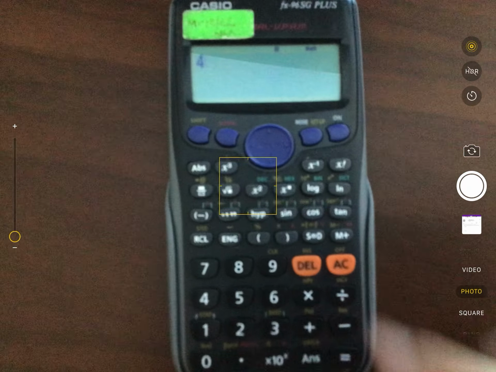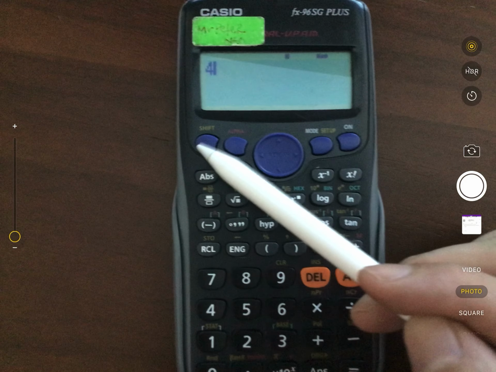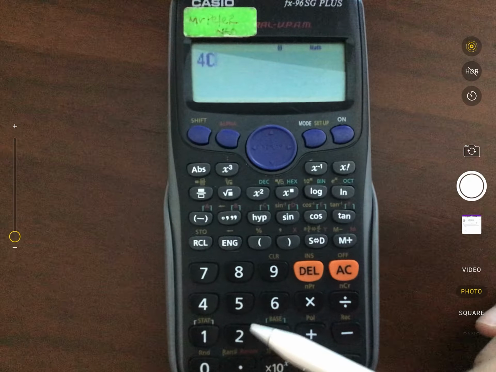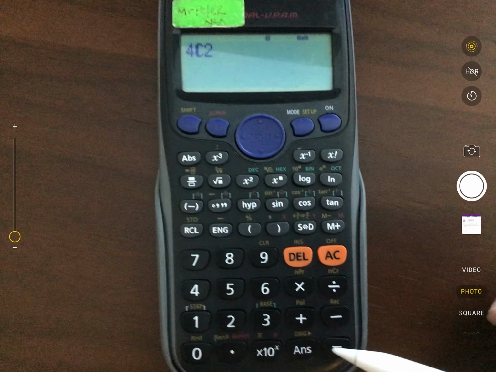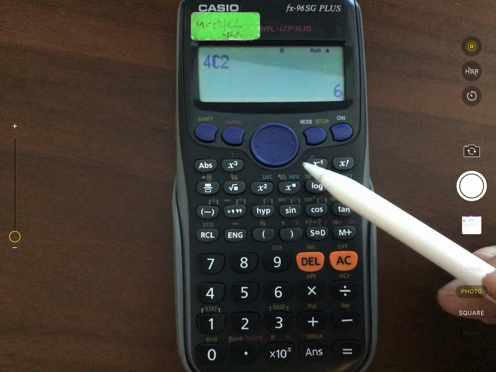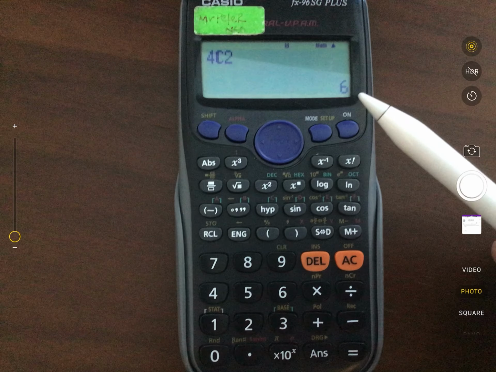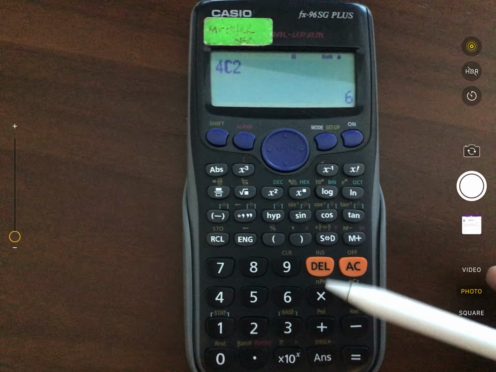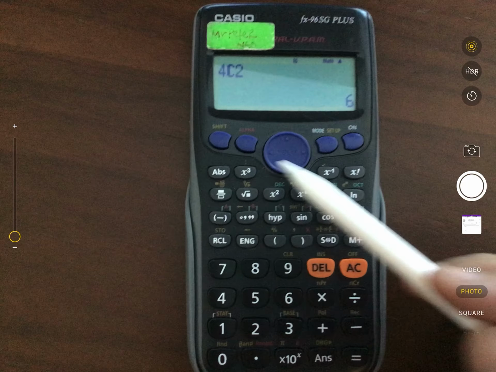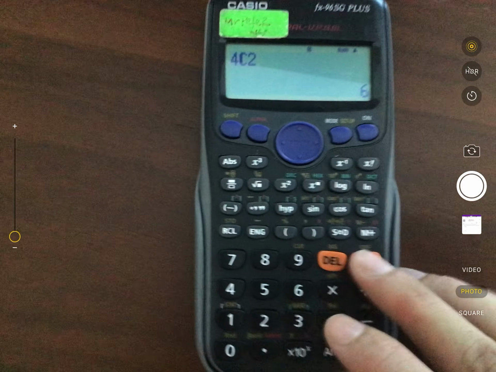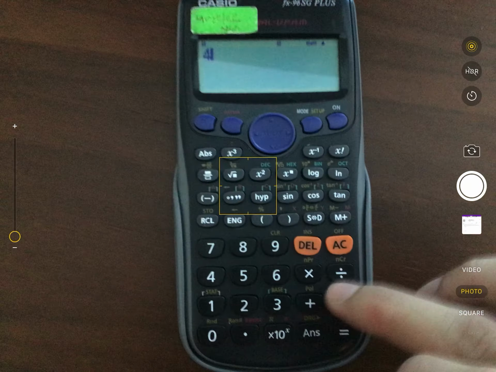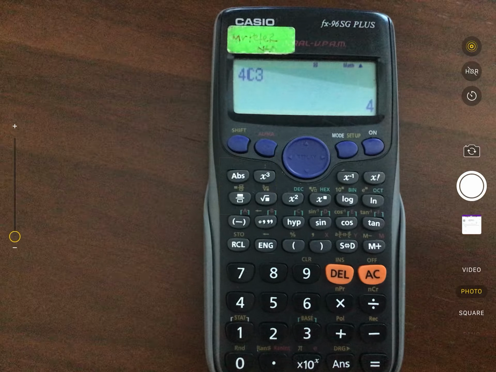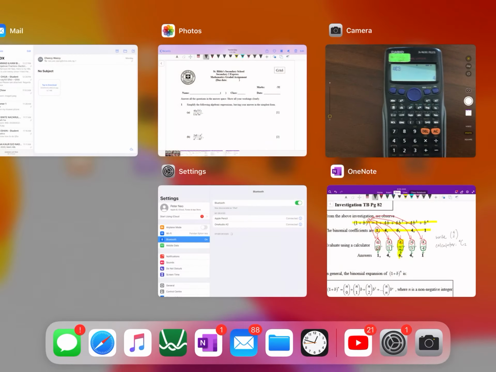Okay, in order to press this C, you need to press Shift, then you press the C, which is this divide. And then just now we said 4C2, right? 4C2 you press, you get 6. Okay, if you want the next position, you press 4C3. Just press 4C3, and you get 4. Okay, going back to our notes.